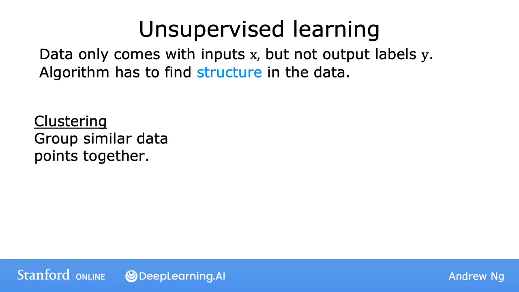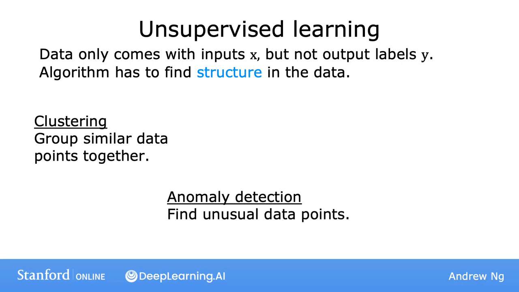In this specialization, you learn about clustering as well as two other types of unsupervised learning. One is called anomaly detection, which is used to detect unusual events. This turns out to be really important for fraud detection in the financial system, where unusual events, unusual transactions could be a sign of fraud, and for many other applications.